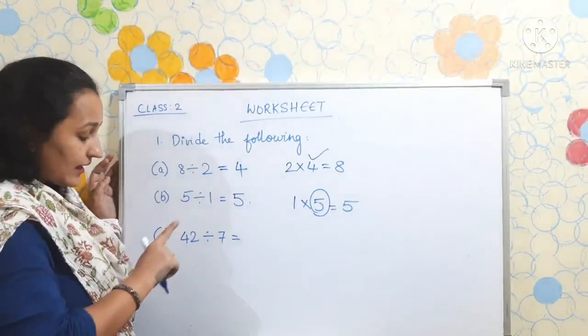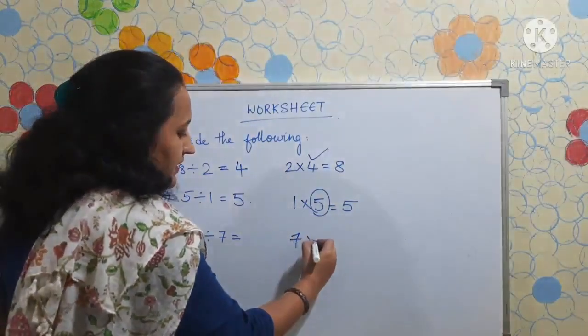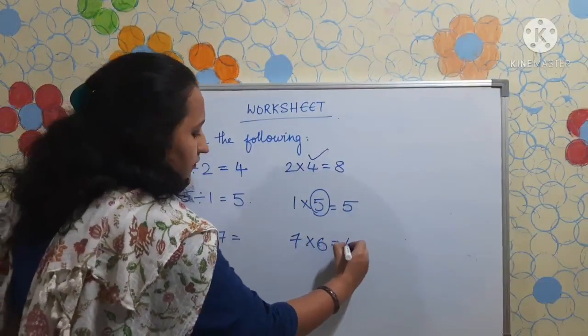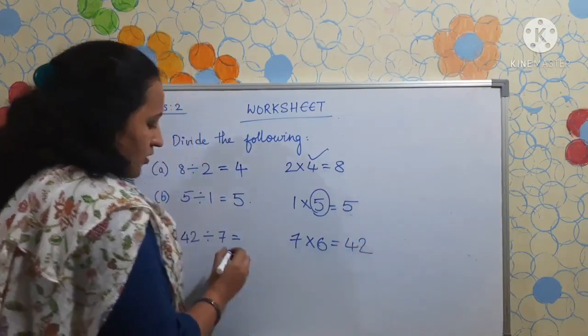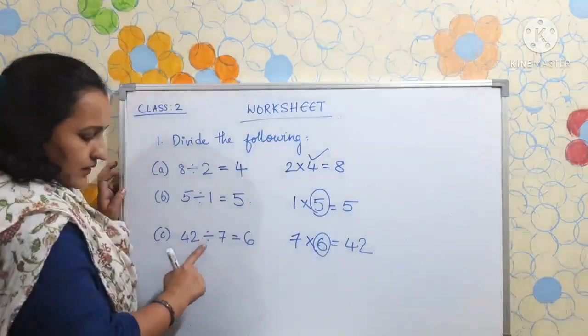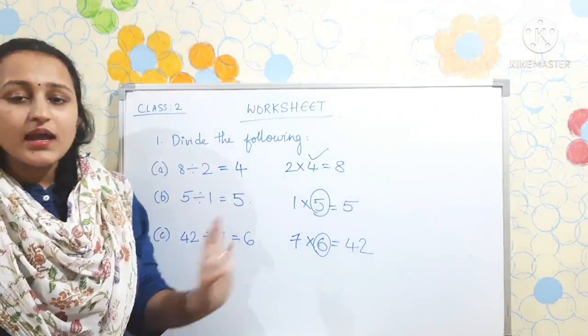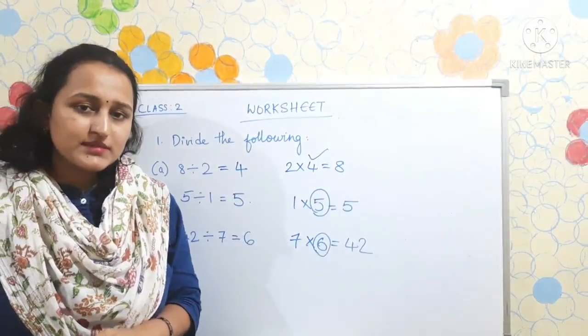We have to recollect until we get this number. So, the quotient is 6 here. 42 divided by 7 is 6. Got it? In the same way, complete the remaining problems.